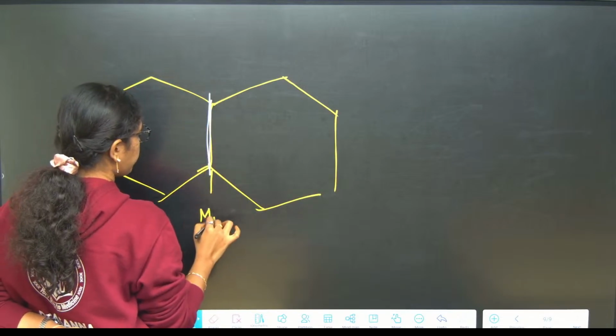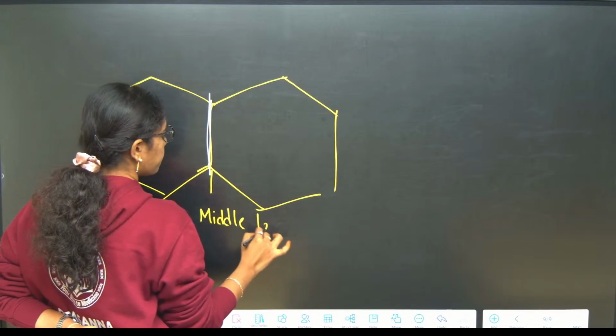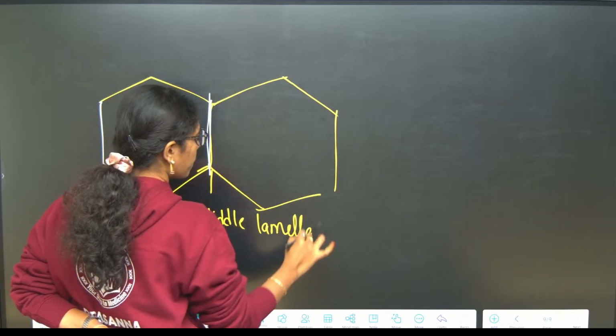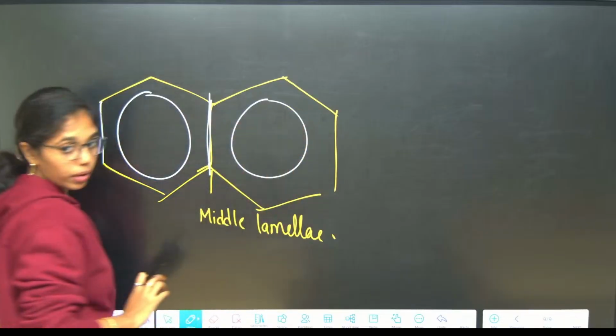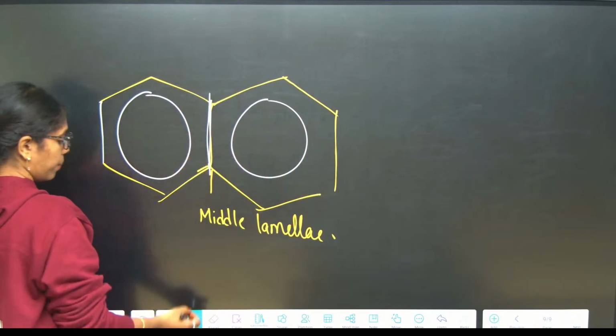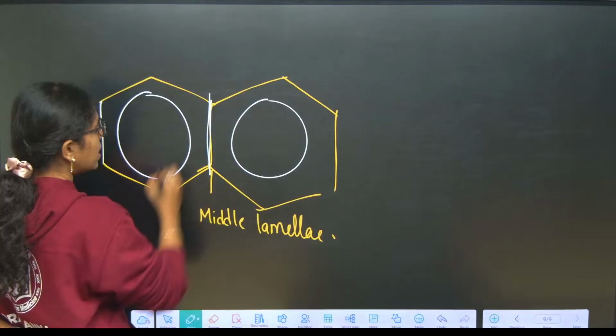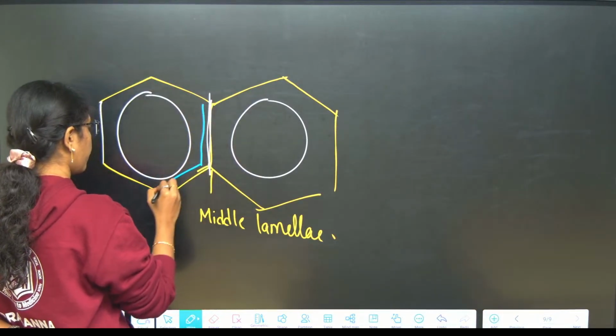Middle lamella. Consider this as cytoplasm. Okay, inner to the middle lamella, the layer that is formed is primary cell wall.